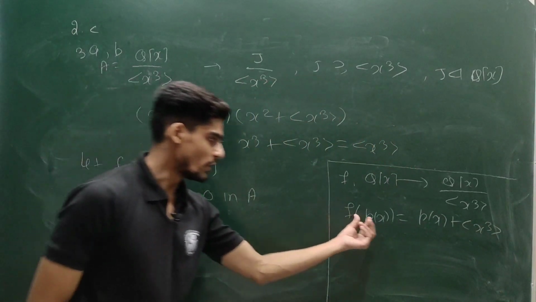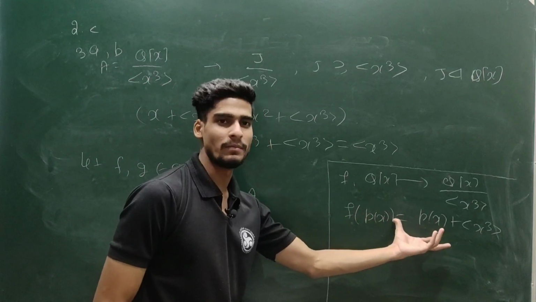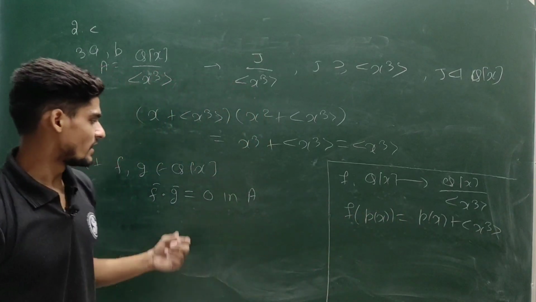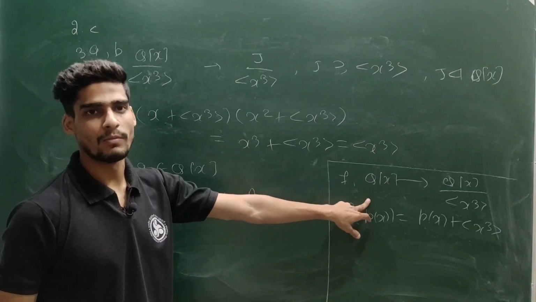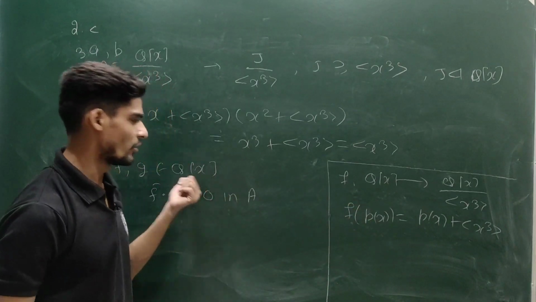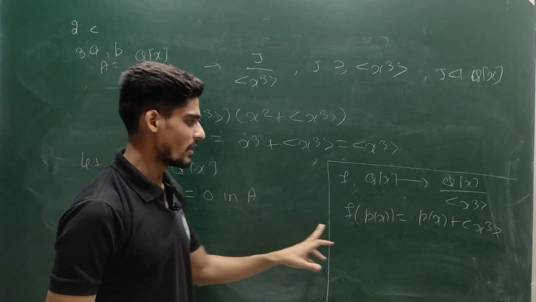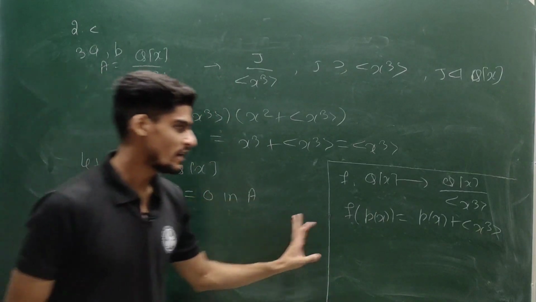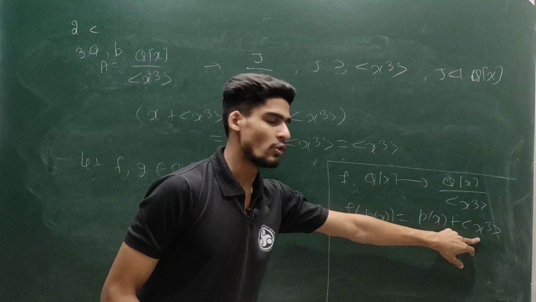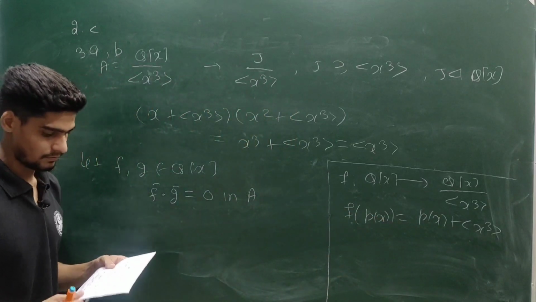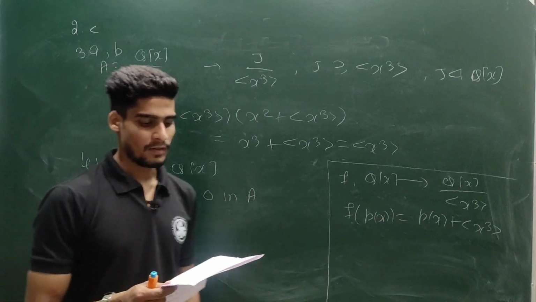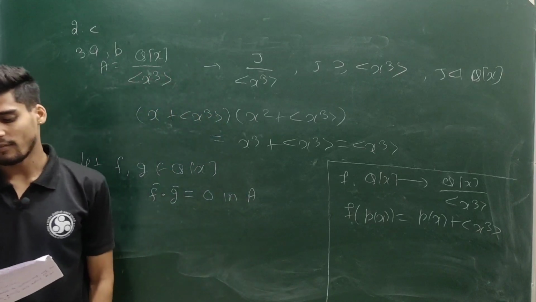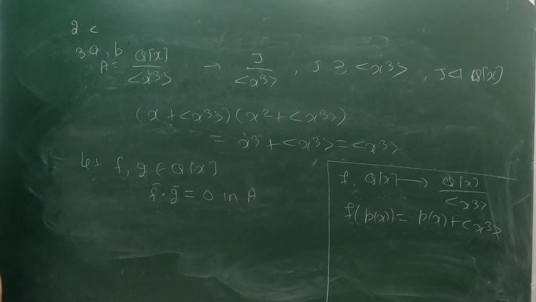So you are taking a polynomial and defining one homomorphism, then this f bar is nothing but the homomorphic image of f under this homomorphism, and the same for g bar. So you are taking g and reducing it modulo x cube in A. Then f at 0 times g at 0 is 0.